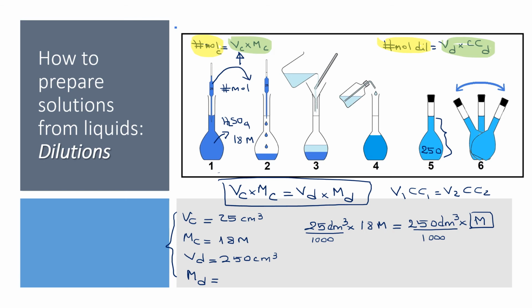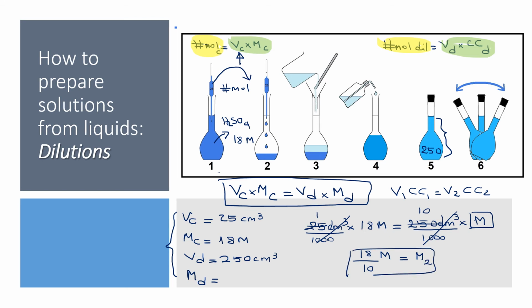My advice, work in decimeters cube all the time, and in the worst case scenario, you are going to cancel the units. The 250 can be canceled because it's 10 times 25, so 18 divided by 10 molar is going to be the concentration of solution 2.